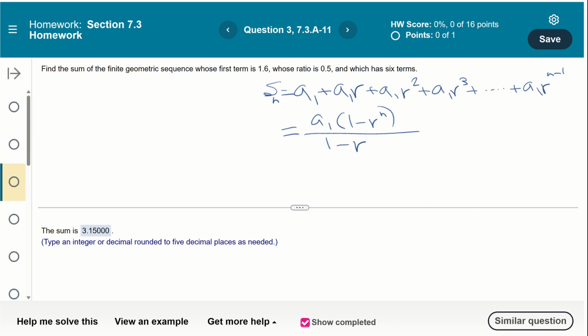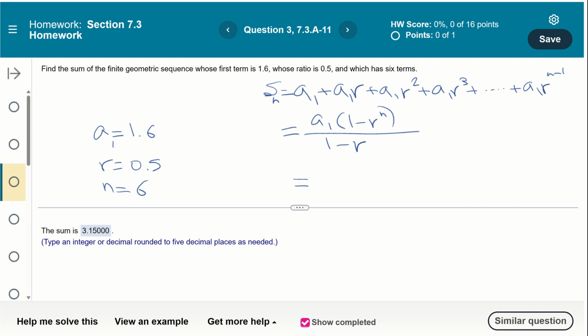So here we know a1. You just have to plug in. Its first term is 1.6. The ratio, the common ratio, is 0.5. And we have 6 terms, so that's going to be n. Now we just have to plug in.